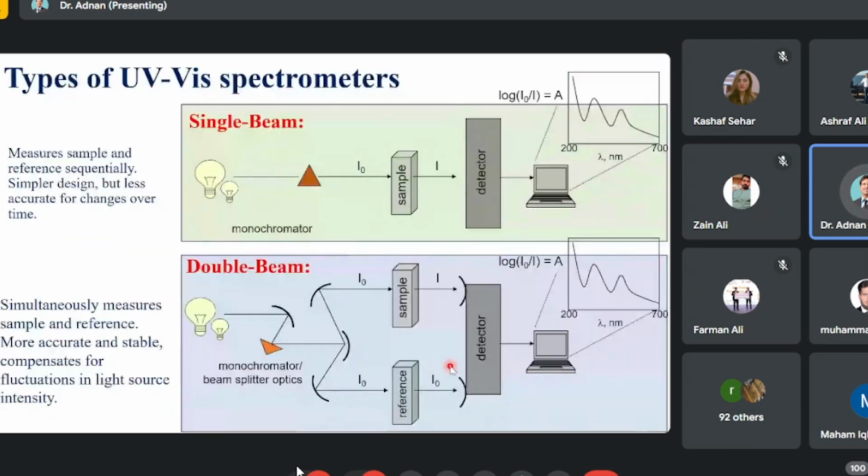There are two types of UV visible spectrometer. One is single beam, and the other is double beam. Single beam has only the sample, where the incident light passes through the sample and reaches the detector. In the double beam, we can also keep a reference.